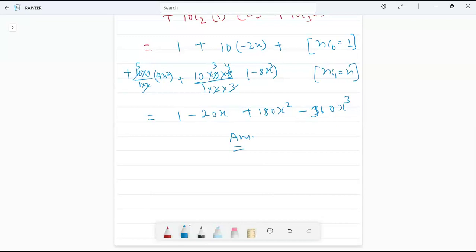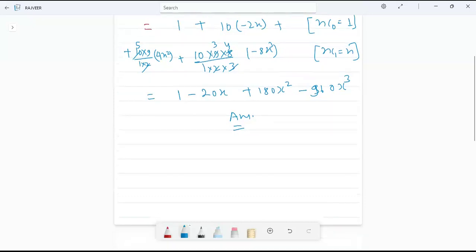Now, B part is use the answer of part A with a suitable value of x to find an approximate value of 0.98 to the power 10. Now in B part, we have to find 0.98 to the power 10.